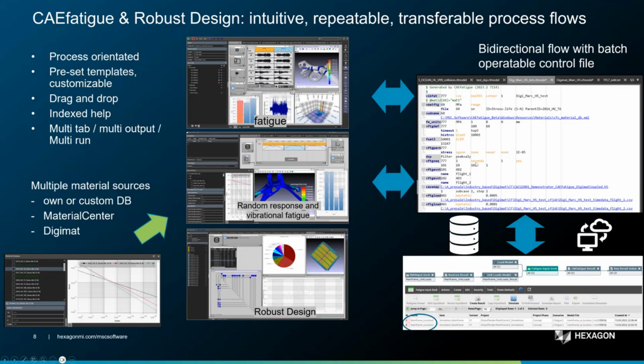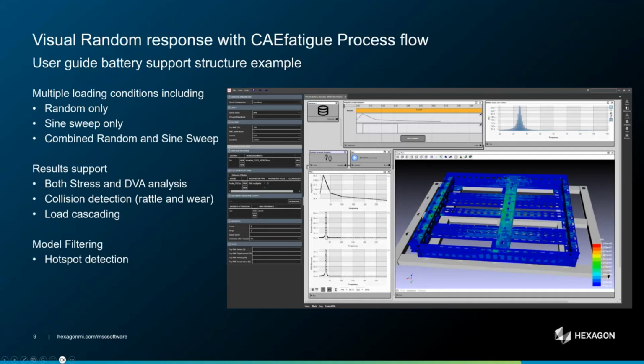We have the capability for you to edit and work directly on the input file. And if you are happy with the input file, it is immediately ready to run, for example on simulation data management or just on a Linux server. Then you drop your results back into the fatigue folder and post-process. So again, a very versatile architecture for multiple needs.